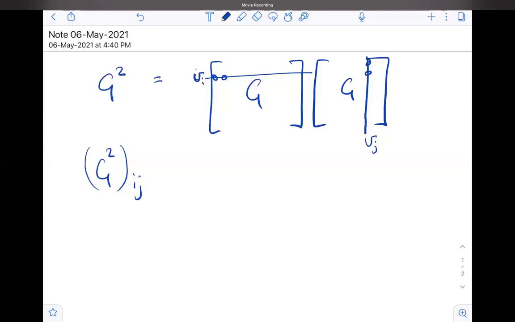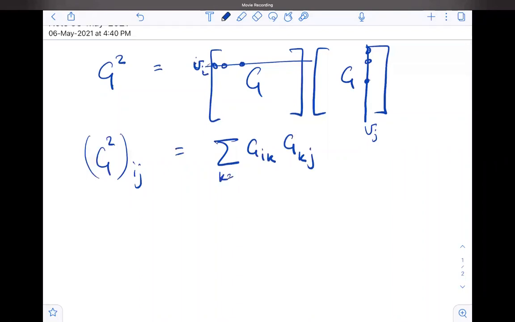So this is the summation over k of G of ik times G of kj, with k going from 1 to n. This is just a matrix multiplication thing that I'm talking about.